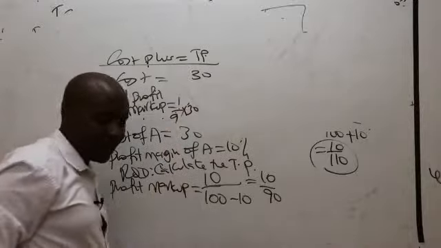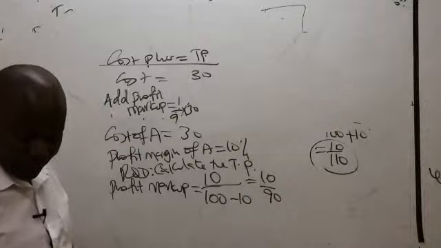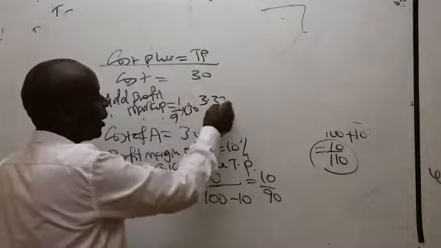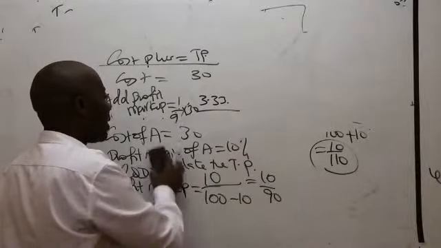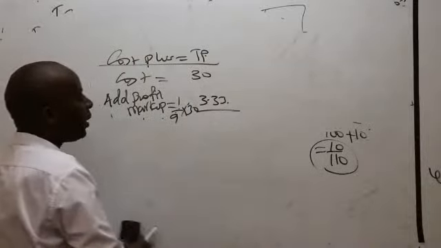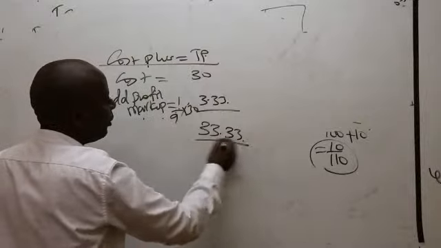So 1 over 9 times the 30, what do we have? That's the same as 30 divided by 9. 30 divided by 9 gives us a beautiful figure of 3.333. So therefore, this department, ladies and gentlemen, will be able to get straight away a transfer price of 33.33 like that.